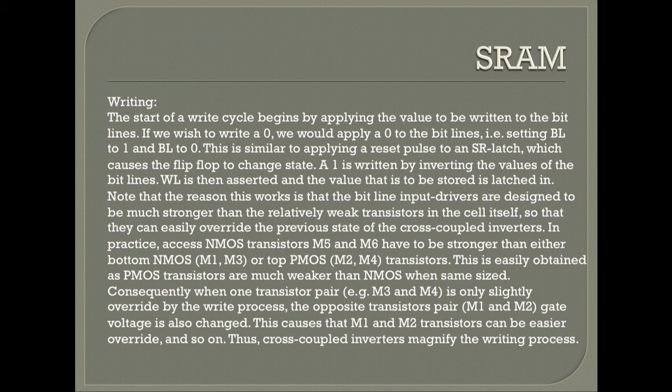Consequently, when the transistors are paired, M3 and M4 are only slightly overridden by the write process. The opposite transistor pair, M1, M2, the gate voltage is also changed. So M1 and M2 transistors can be easily overridden and so on. Then the cross-coupled inverters magnify the writing process.